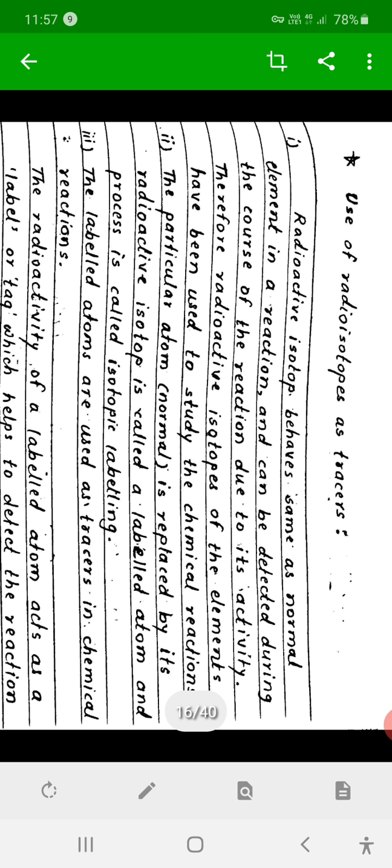Mass number is nothing but the sum of protons and neutrons present in the nucleus. Proton number is nothing but atomic number. Isotopic atoms have the same atomic number, means same protons. Protons are the same, but mass number is different.